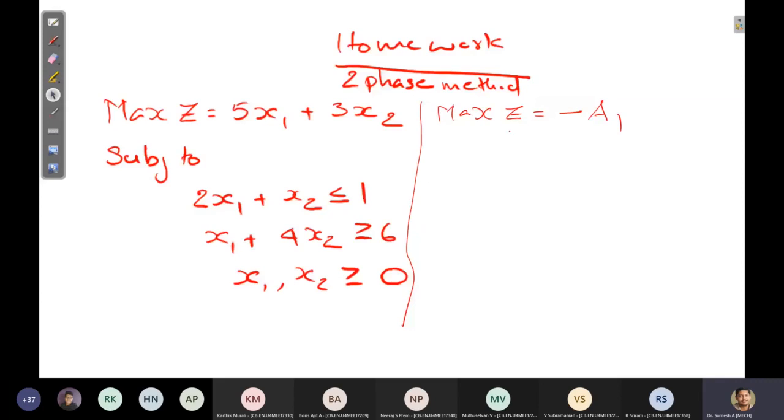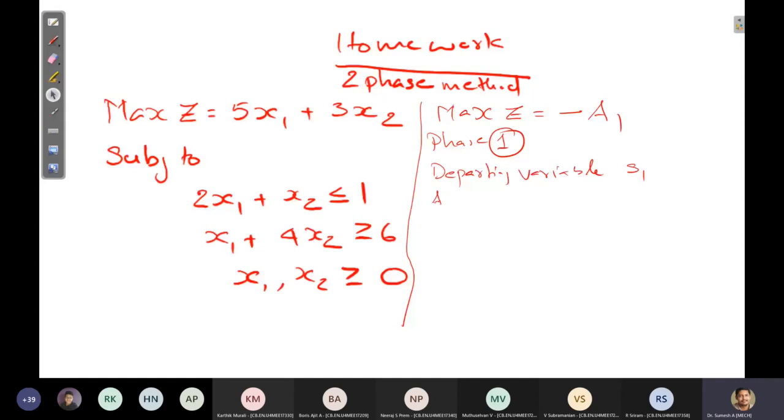So if you solve phase 1, the departing variable will be S1, am I right? The departing variable will be S1 and the entering variable will be X2.